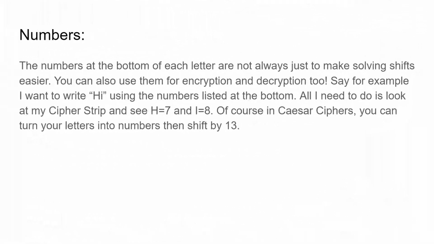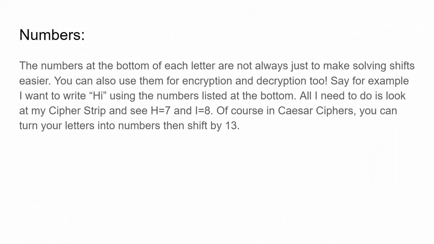The numbers at the bottom of each letter are not just to make solving shifts easier. You can also use them for encryption and decryption too. Say, for example, I want to write hi using the numbers listed at the bottom.